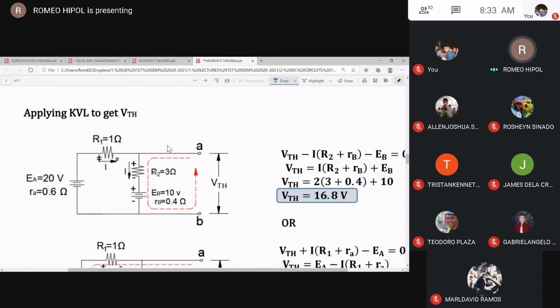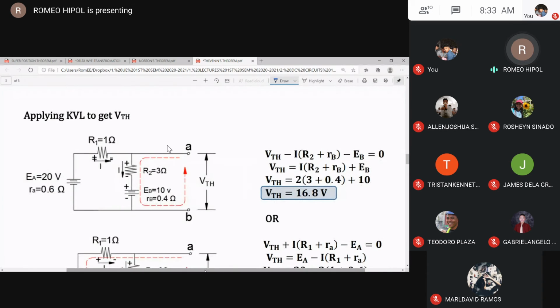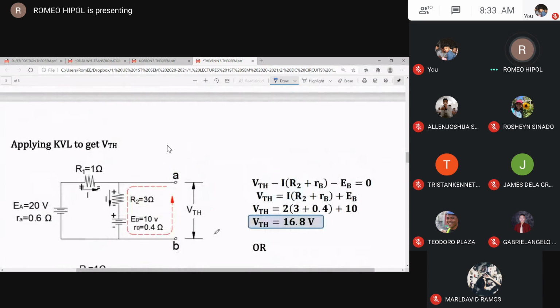Okay, so we have the current direction and the current amount flowing at resistor R1 and R2. Now the next step is to apply KVL to get the Thevenin's voltage. Nakakasunod? Hello, hello.